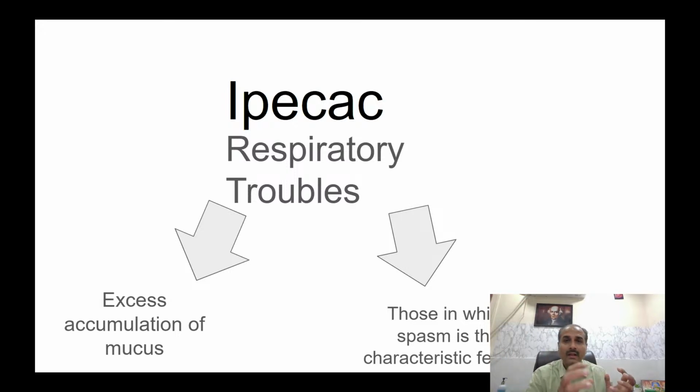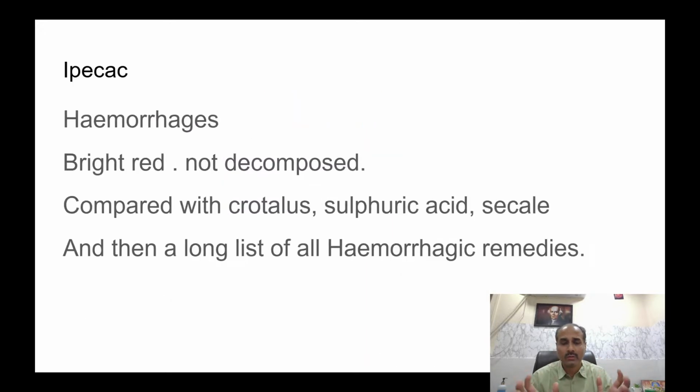But if it is still showing some open areas in that zone of the lung, then that is Ipecac for you to prescribe. Maybe Bryonia also. So spasm of the part or the patient, and accumulation of mucus, these are the two conditions which Dr. Nash mentions.